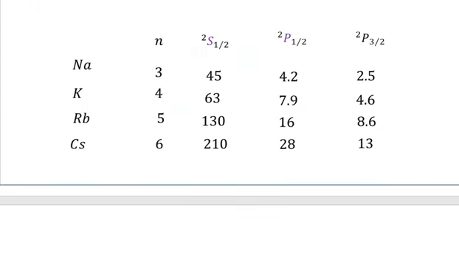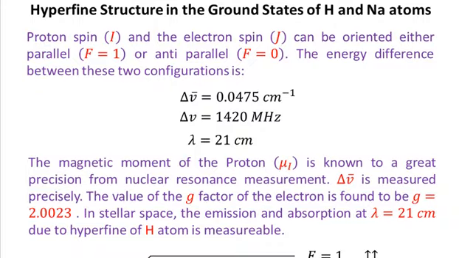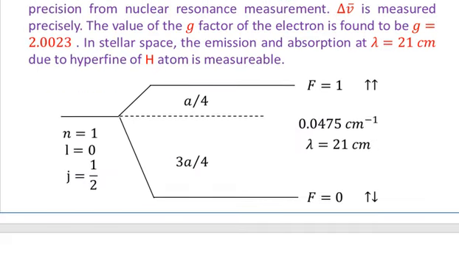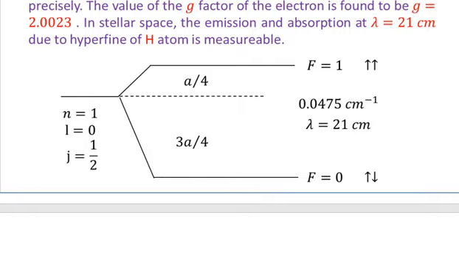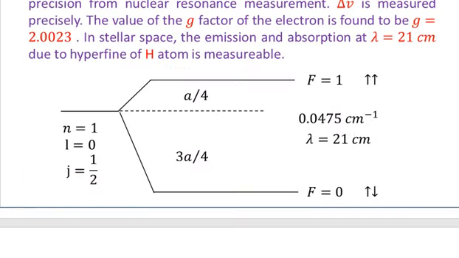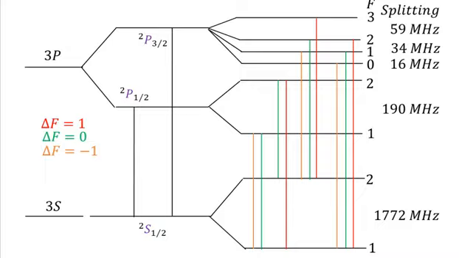Their values of Bj for different alkali metal atoms in their different states have also been given. And then of course the ground states of the hydrogen atom and the sodium atom have been very well explained in this lecture. This is for the hydrogen atom, and this is for the sodium.